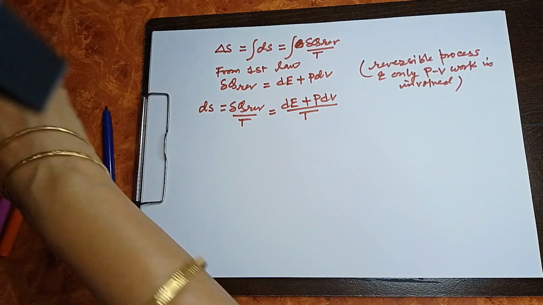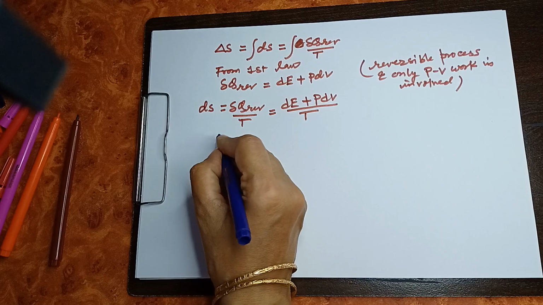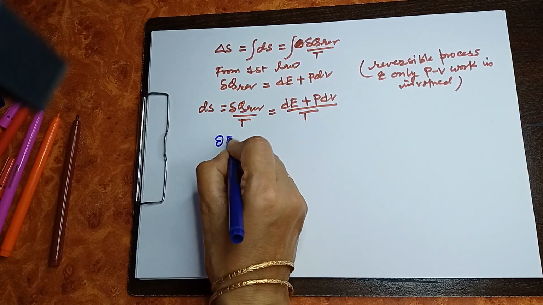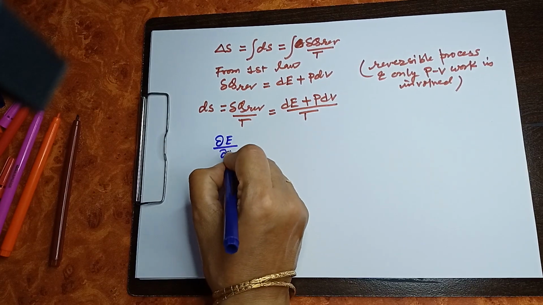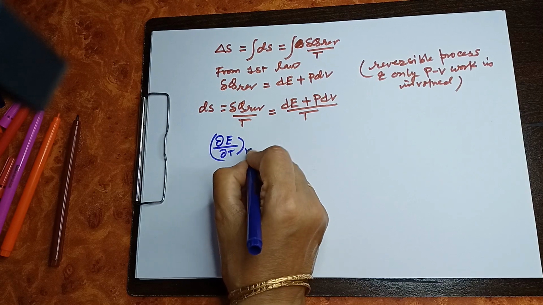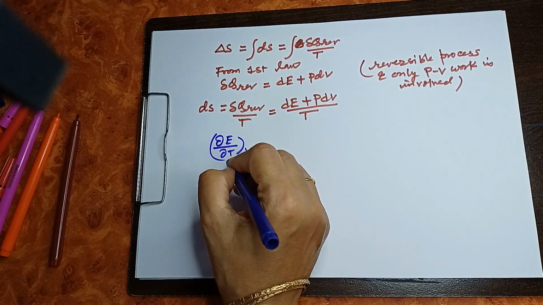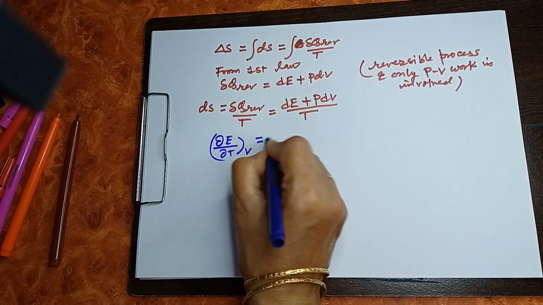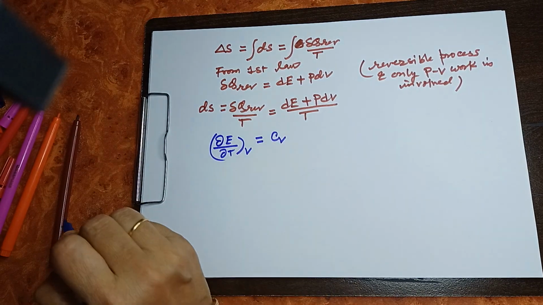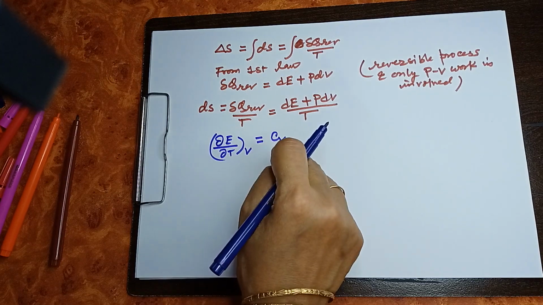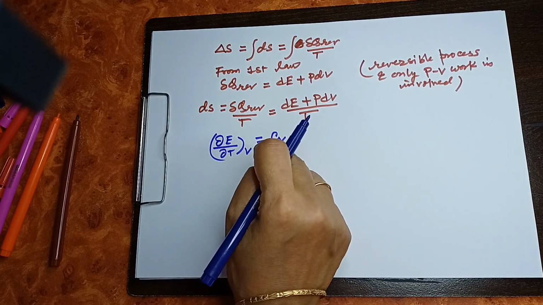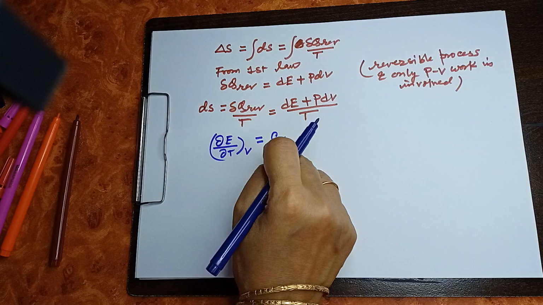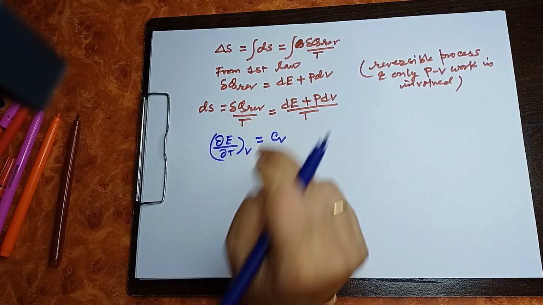Now we know that ∂E/∂T at constant volume, the change of internal energy with respect to temperature at constant volume, is equal to Cv. Already all these things we have derived. Cv is the molar heat capacity at constant volume.